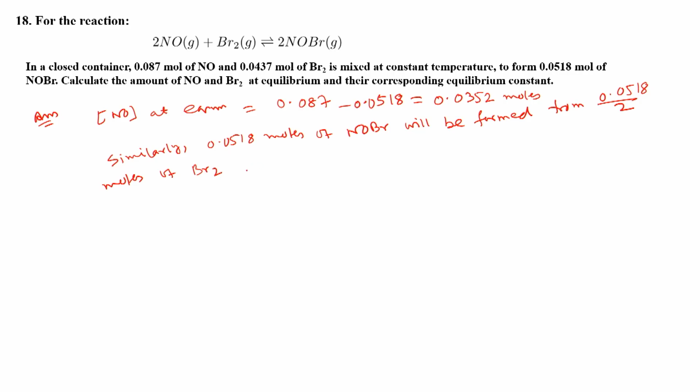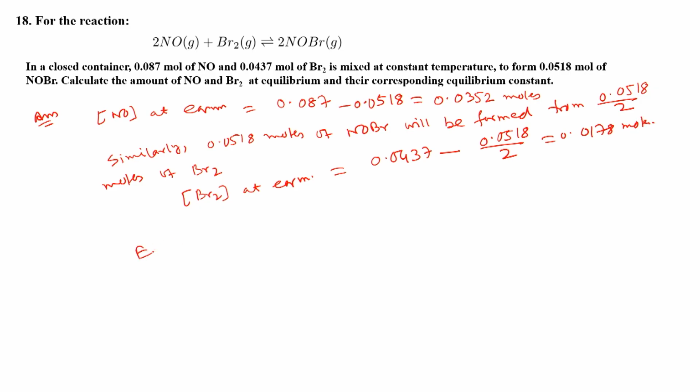Okay, so you get concentration of Br2 at equilibrium is 0.0437. We started with, I reacted is 0.0518 by 2. Okay, so if we do it, we get 0.0178 moles.